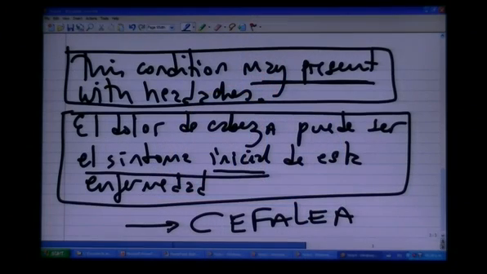Cefalea means dolor de cabeza. Cefalea, I'm going to write it here. Now, don't use it in your hospitals. Yes, ma'am. Jaqueca is a lower register, but it is also appropriate. It's not the medical term generally. It's more like the general term.